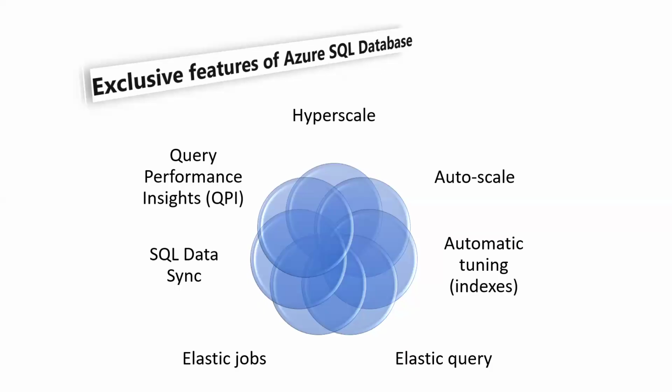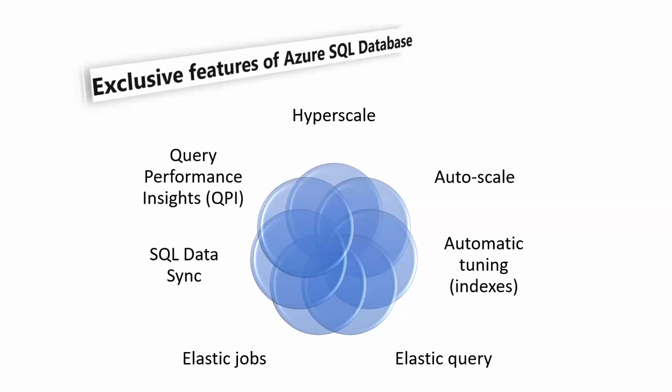Okay, then elastic jobs. In Azure SQL Database, we don't have SQL Server Agent. If you want to automate jobs across multiple databases, like index jobs, update stats jobs, or any backup or restore jobs, we don't have any option for that in Azure SQL Database.